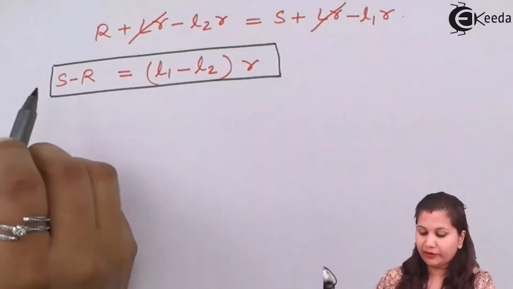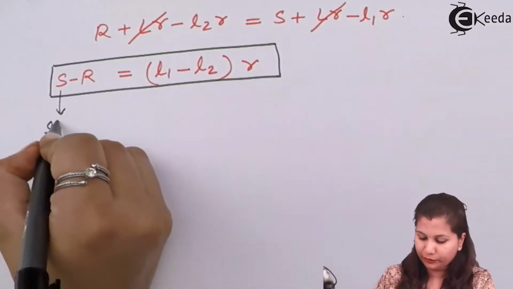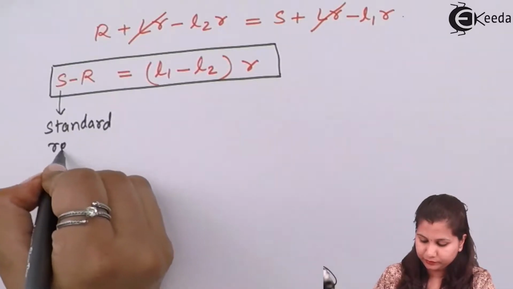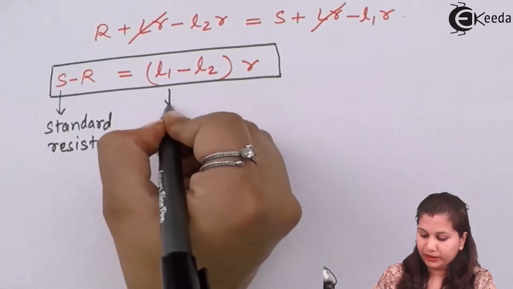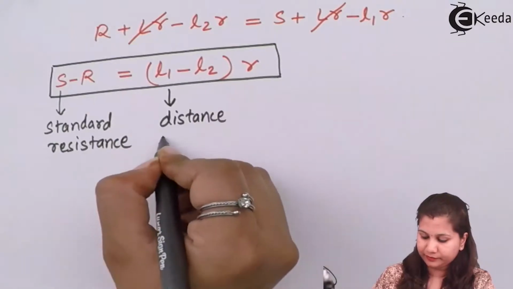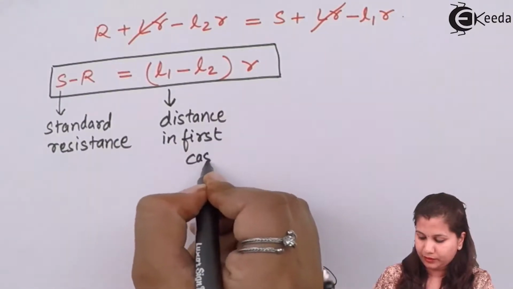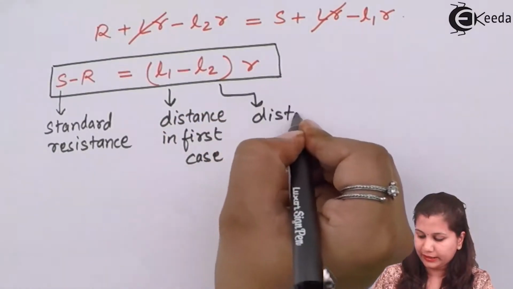So in this way, because the standard resistance we already know its value, L1 is the distance in the first case and L2 is the distance in the second case.